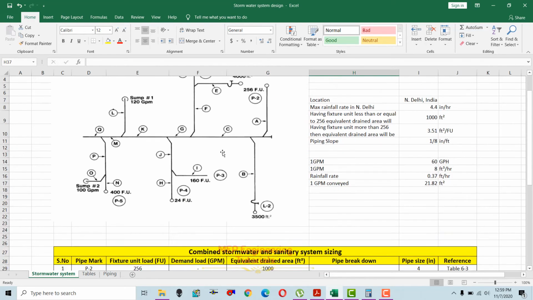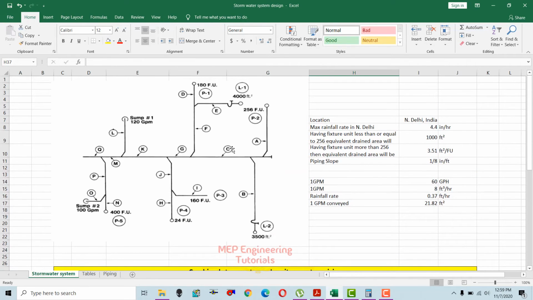That means if you see here this pipe section C, since the flow is from point A and point B towards the point C, the flow at point C will be the sum of point A and B. So we're going to calculate up till point Q, and we'll do the sizing up till point Q.